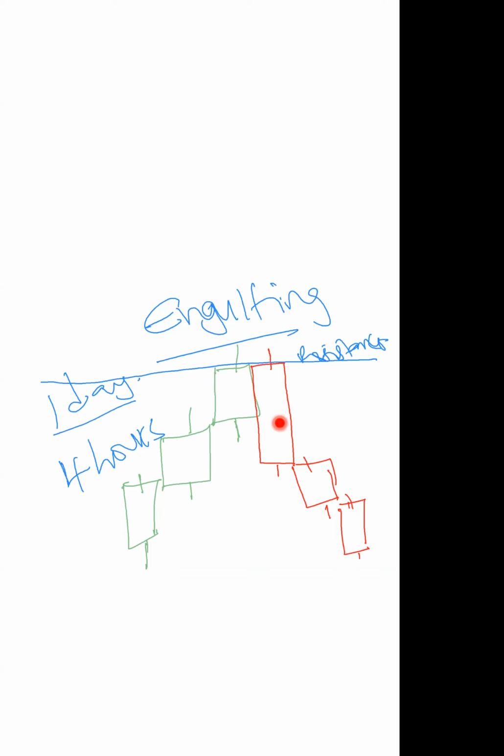So if the buyers are weaker than the sellers, so the sellers are stronger, we call that bearish engulfing. Bearish engulfing candle. Do you get the point? Bearish engulfing causes the market to go down.